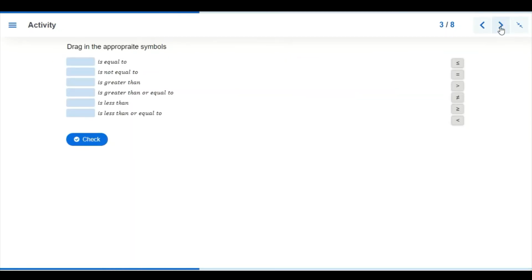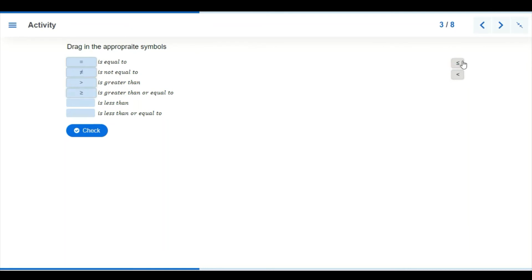Based on the previous explanation, we have some signs that we use while calculating. This is the sign for equals to. This is going to be a bit tedious, but we're going to try it out. This sign is for not equals to. For greater than, I believe this should be the sign. For greater than or equals to, this should be the sign.